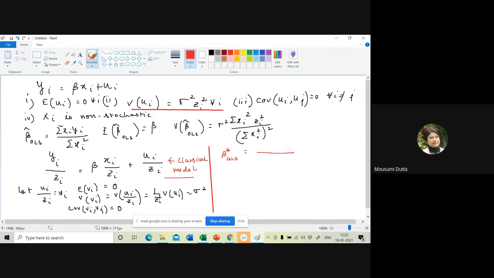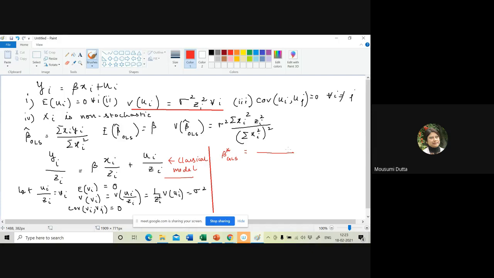What will be the numerator? This is a classical model. So in a two variable model, what is the value of the estimator?